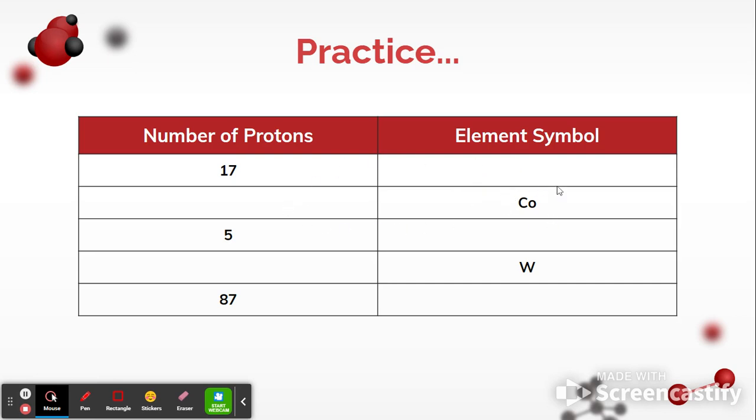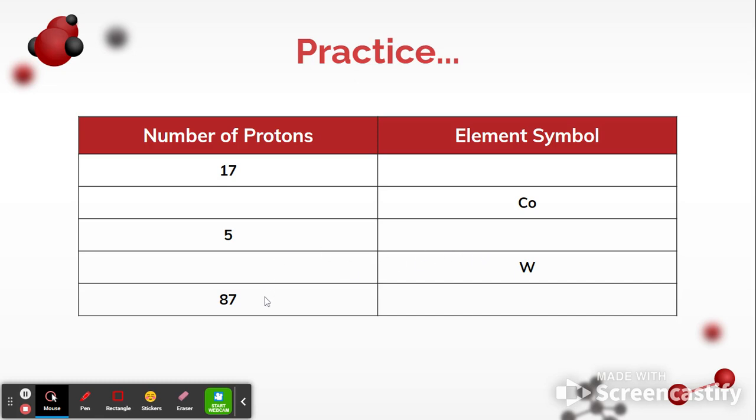Cobalt, which has an elemental symbol of Co, has an atomic number of 27. Thus, we can conclude that cobalt has 27 protons. The element with 5 protons, which has an atomic number of 5, is boron, with an elemental symbol of B. The number of protons in a tungsten atom would be 74, because the atomic number of tungsten is 74.